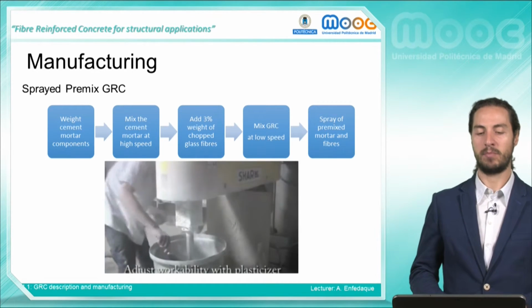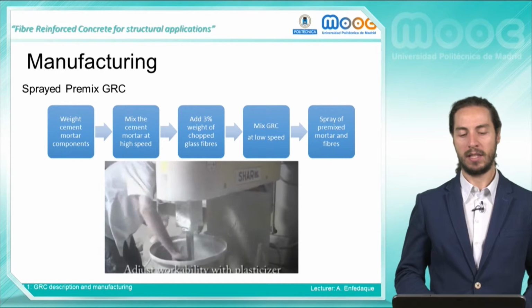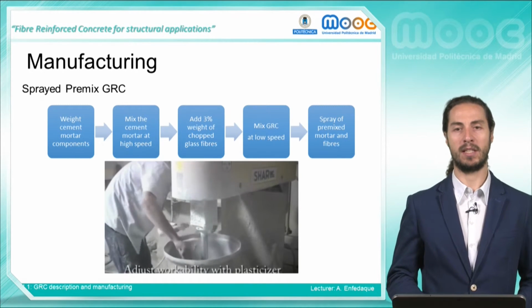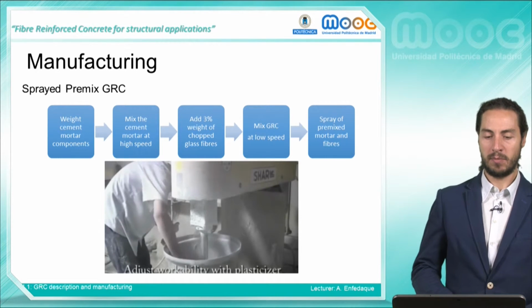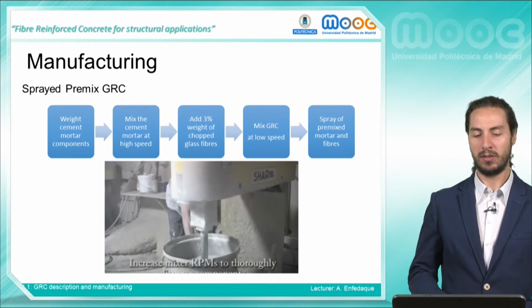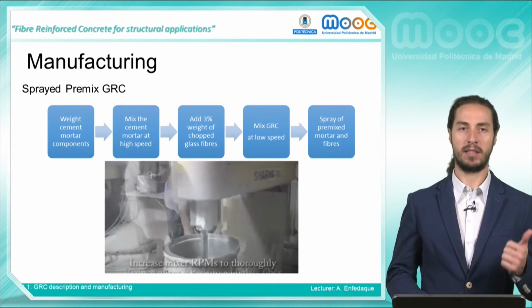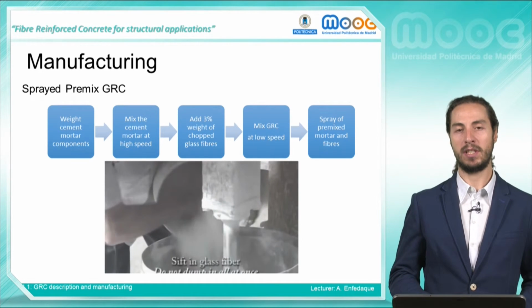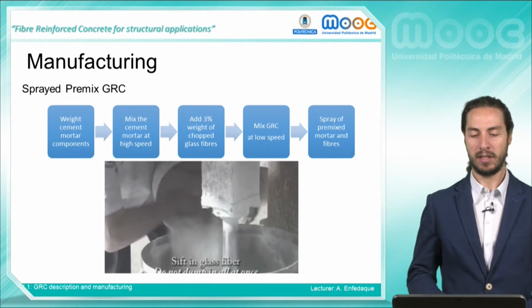Once all these materials are poured, the workability is adjusted using one plasticizer. Once this process is obtained, the most important thing is to increase the speed of the mixer and then to reduce it while pouring the glass fibers into the mix.